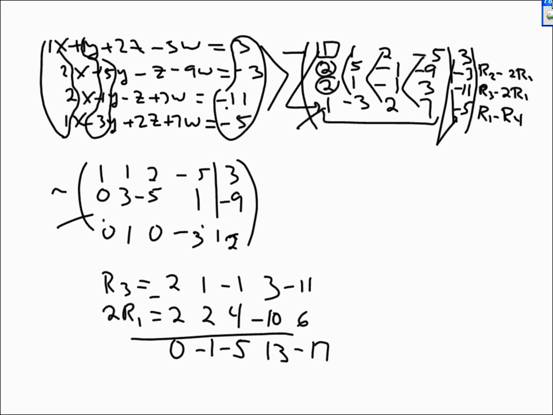Okay. 0, negative 1, negative 5, 13, and negative 17. Okay. I actually worked this one out, and all of a sudden it looks like I have incorrect numbers.